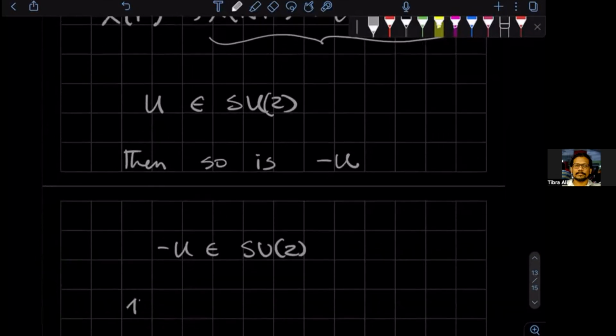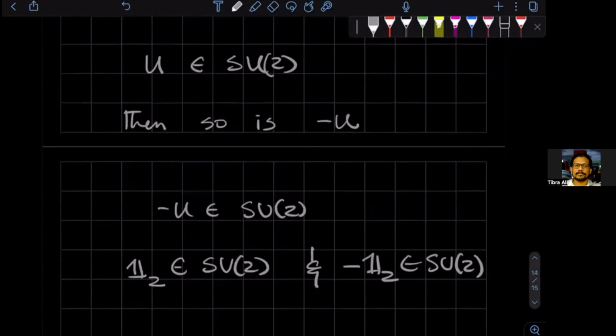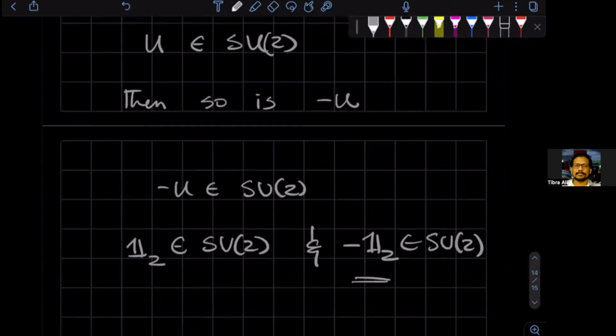So that means that the two-dimensional identity matrix is in SU2, as well as the negative of the identity matrix, right? Because this is a unitary matrix. Sir, is it because it's a 2 by 2 matrix? Because like -1 squared would be 1. Yeah, exactly.